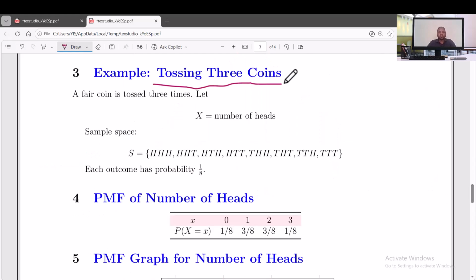The same is true for tossing 3 coins at a time, which generates this sample space. If x is defined to be the number of heads, what will be the probability distribution of x?